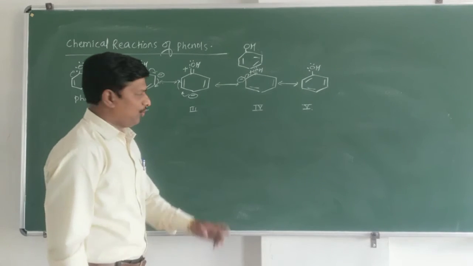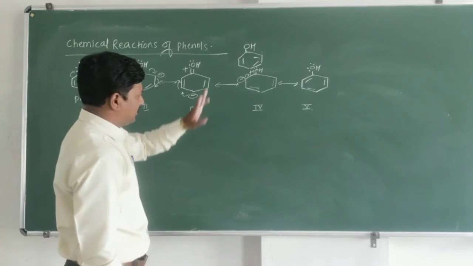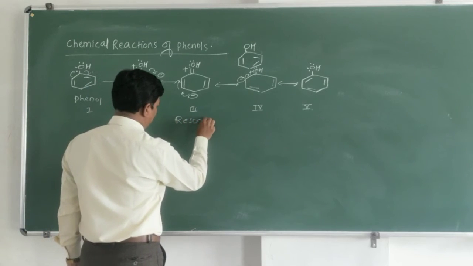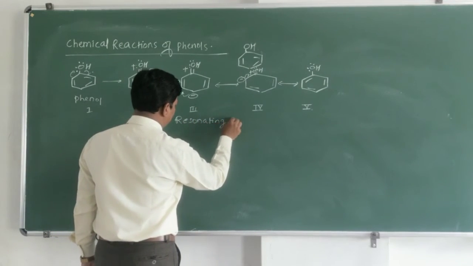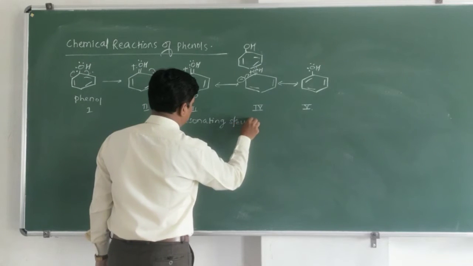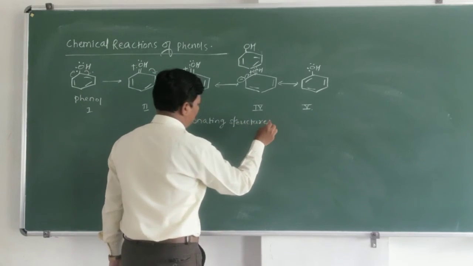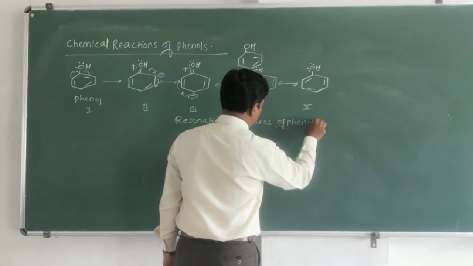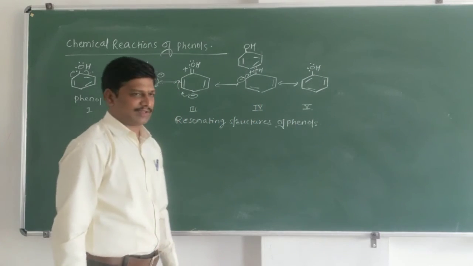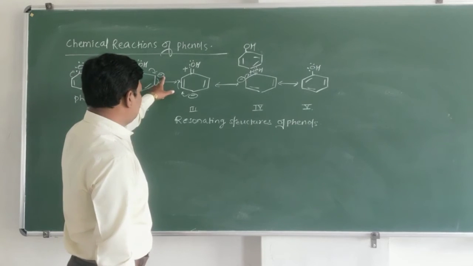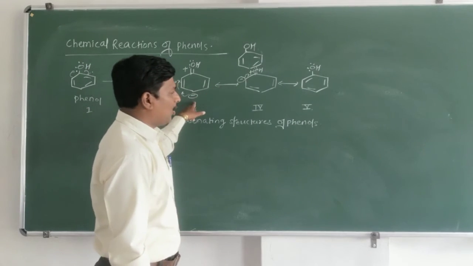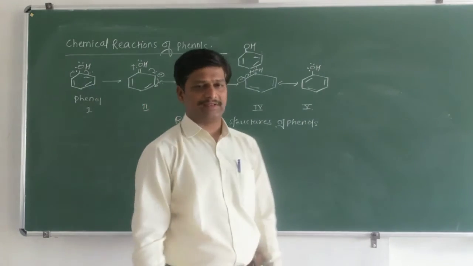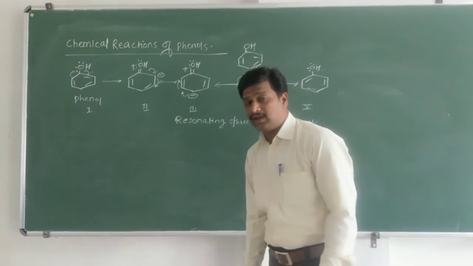Now if we observe all these five structures, all these are the resonating structures of phenols. If we observe all these resonating structures, the negative charge is at the ortho or the para positions, and these ortho and para positions are the electron rich positions.